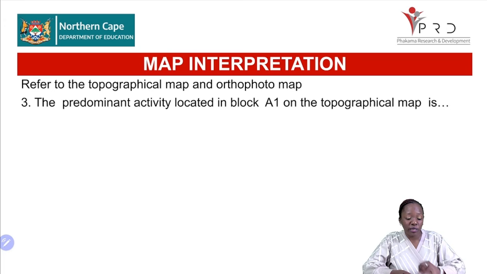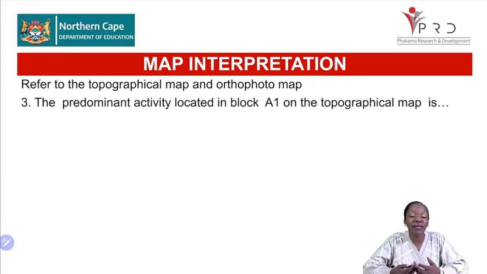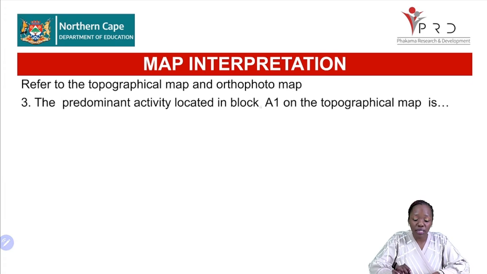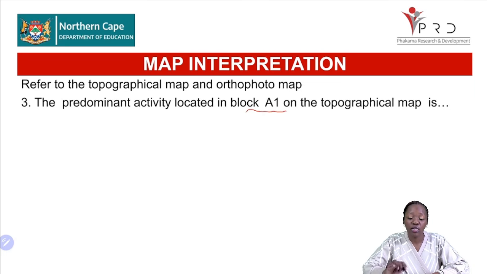In our third question, it's saying the predominant activities. Predominant activities are the main activities that you can find in that area. So the predominant activity located in block A1. It is important to mark the block that we are looking at. On which map are you referring to?